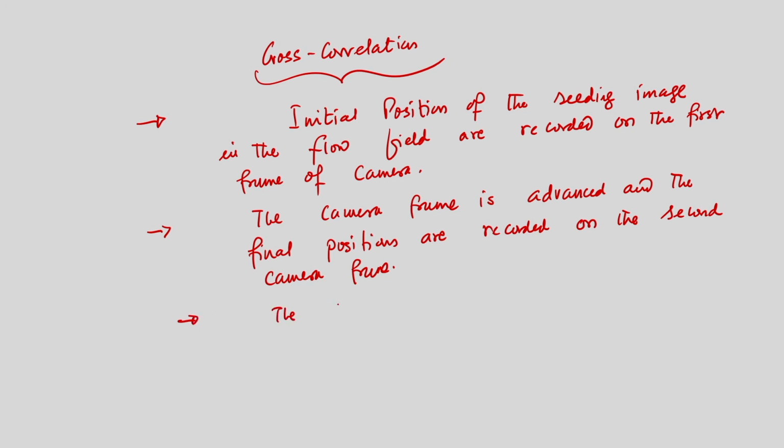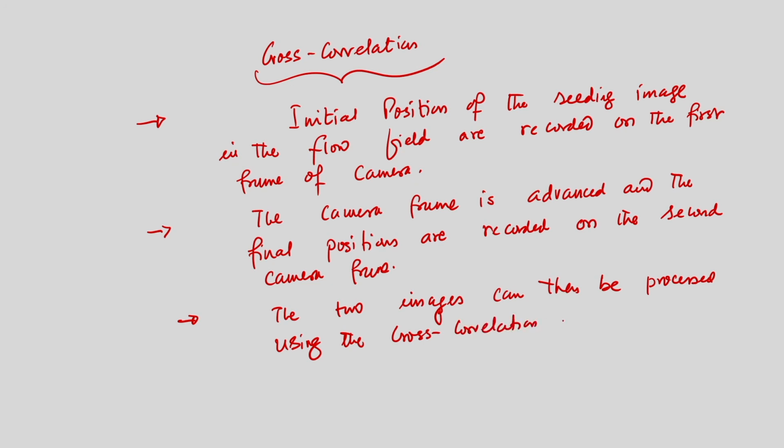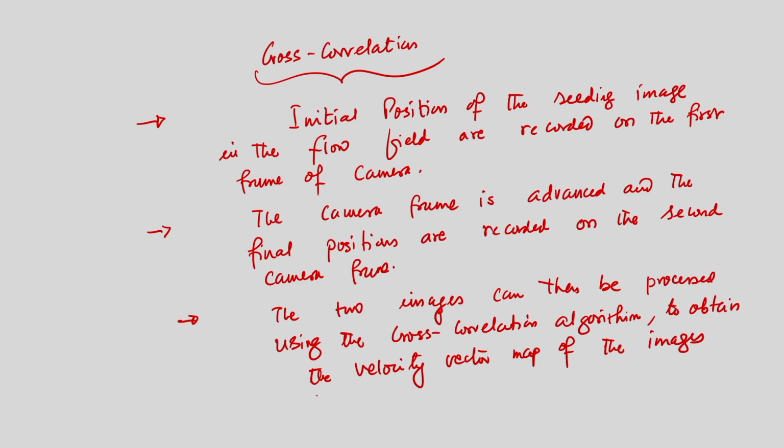Then the two images can then be processed using the cross correlation algorithm to obtain the velocity vector map of the imaged flow field.